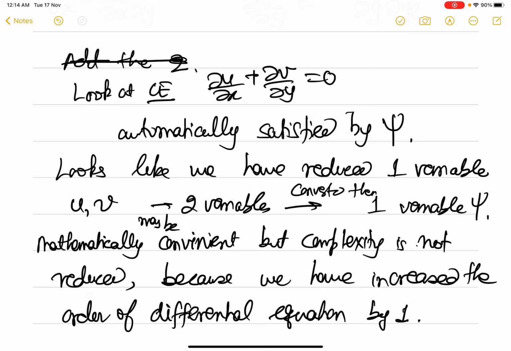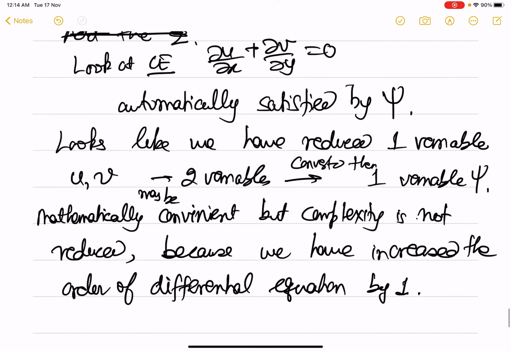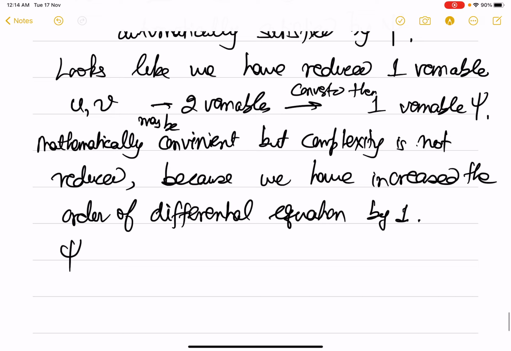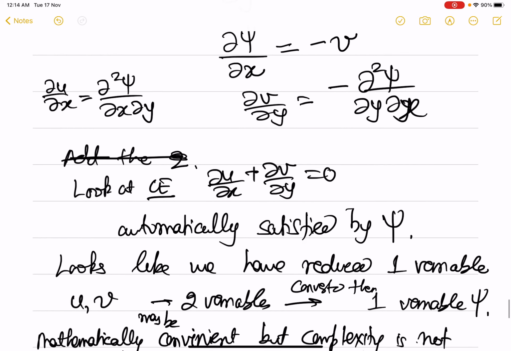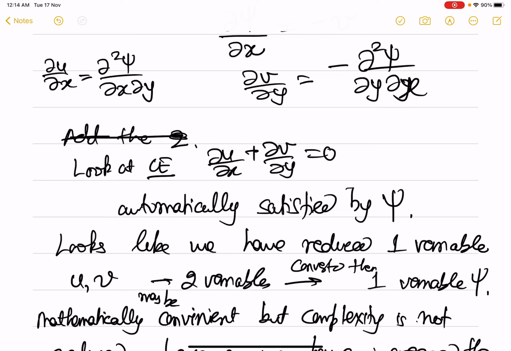But it's convenient to define this function psi, and this psi which we have defined like this is called a stream function for 2D incompressible flows. Now if the flow is compressible, then a rho will also come in the definition of psi.